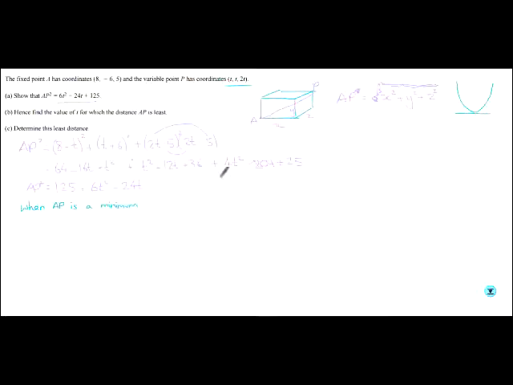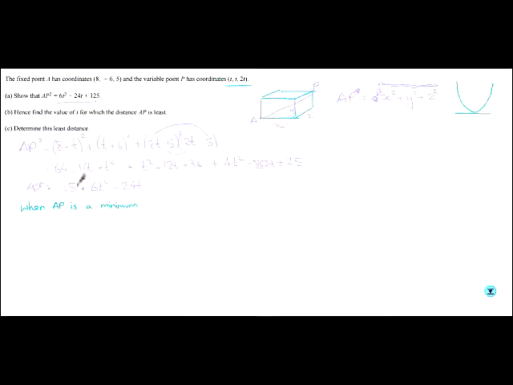So that's what we've got to do. But we've got AP squared, and actually that doesn't really matter, because if AP squared is at its minimum, AP also has to be at its minimum. So hopefully that makes sense to you.